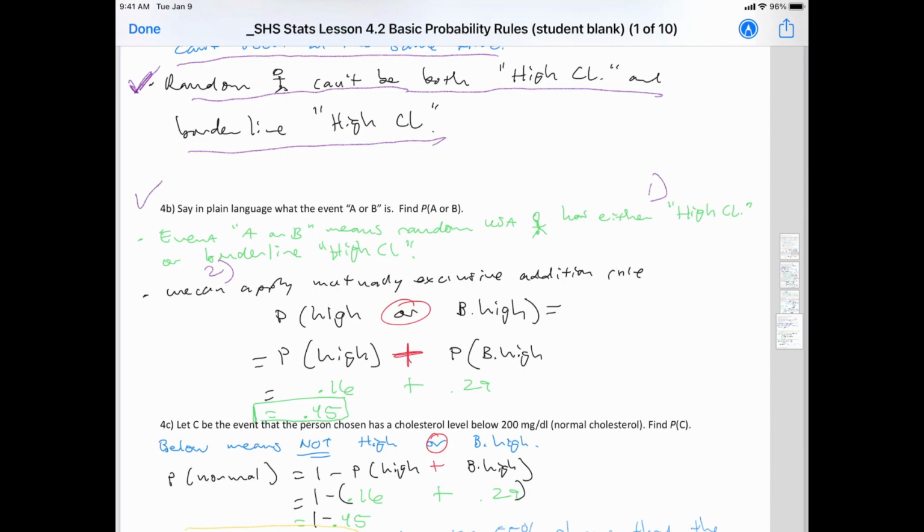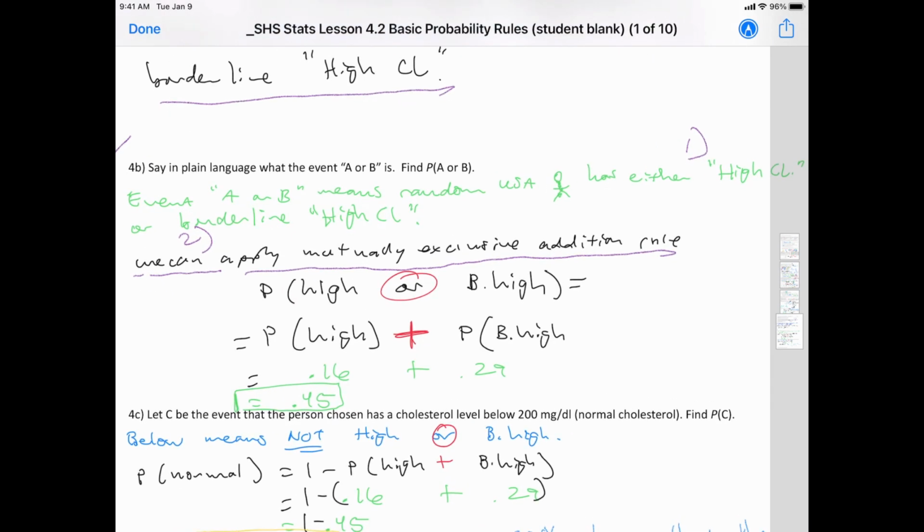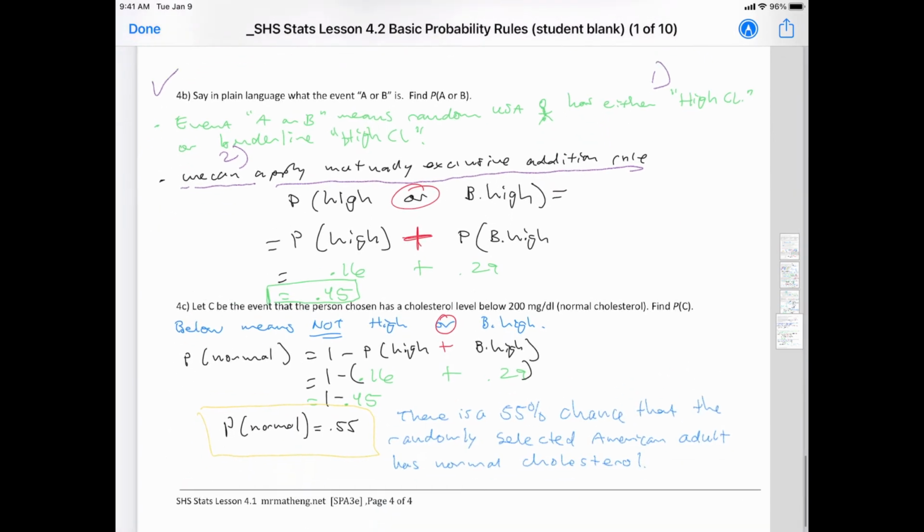Well, we can apply the mutually exclusive addition rule, which is the probability of high or borderline high is equal to the probability of high plus, that's why I circled in red there, probability of borderline high, which is 0.16 plus 0.29, which is probability of 45%.